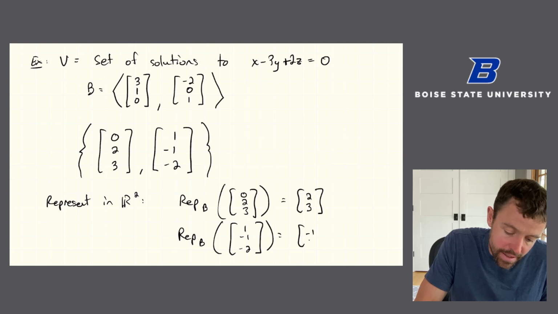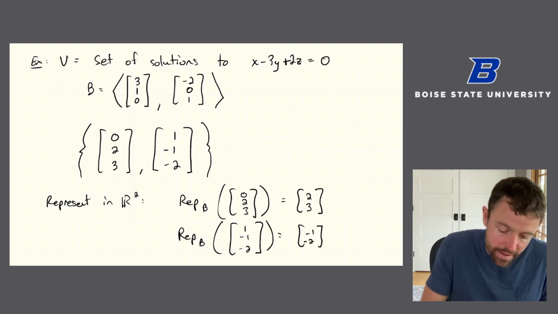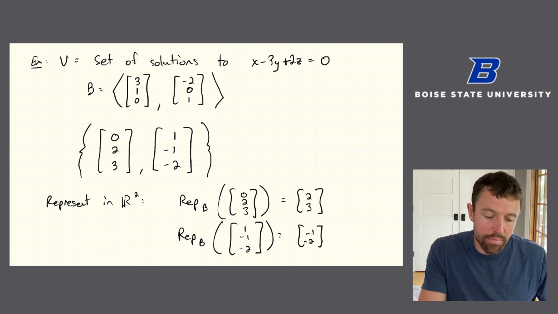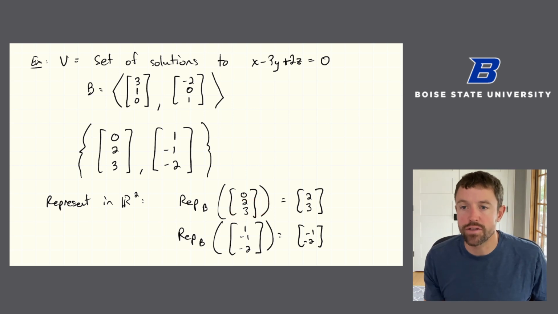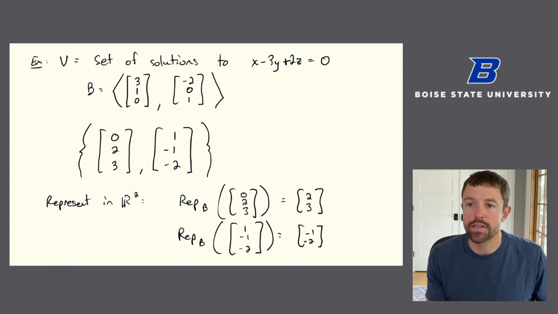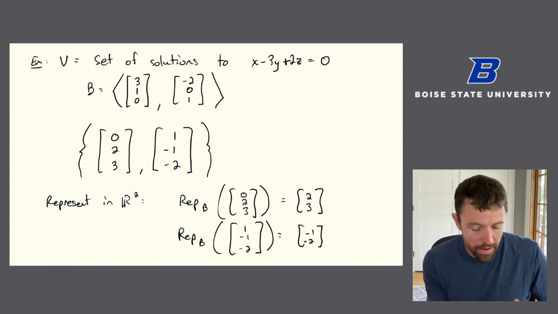And you'll notice that, because of the way that the basis was chosen, the representations of these vectors in this specific example always just end up being the final two entries. But that's in some sense a coincidence. It does often happen with these linear systems that there's a pattern, but you would have to find it each time. It's not always the same sort of thing.